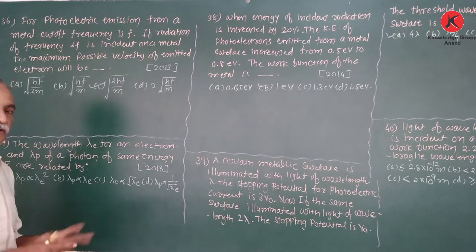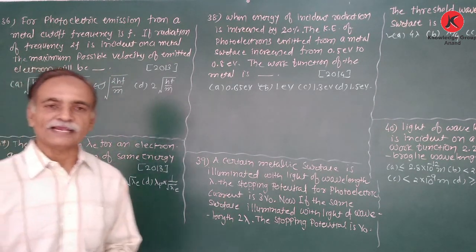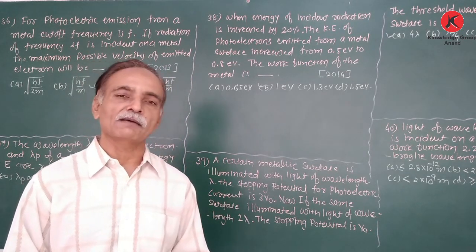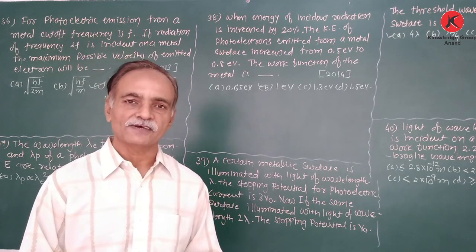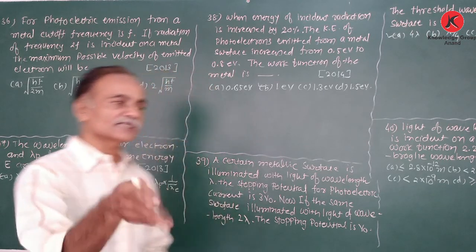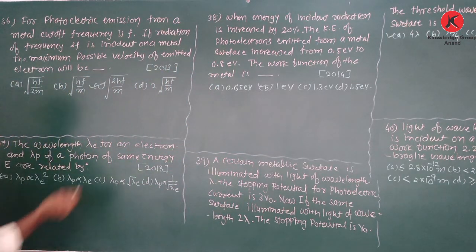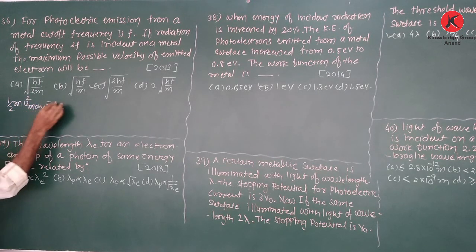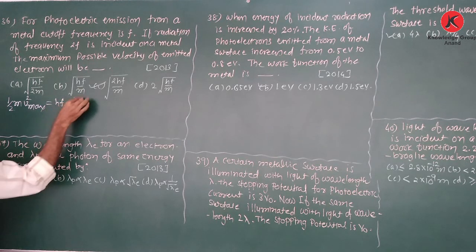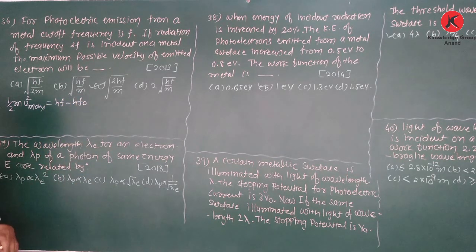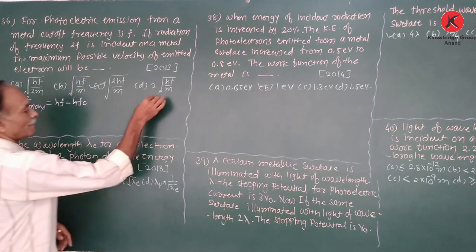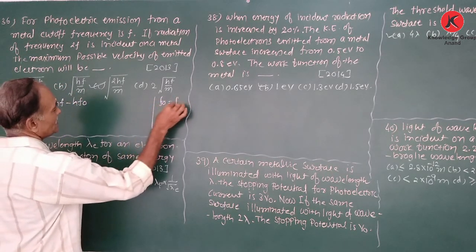For that purpose, we know that the maximum kinetic energy according to Einstein's equation, (1/2)m v²max, is equal to hf − hf0. We are using this concept. f0 is given as f, the threshold frequency is f.